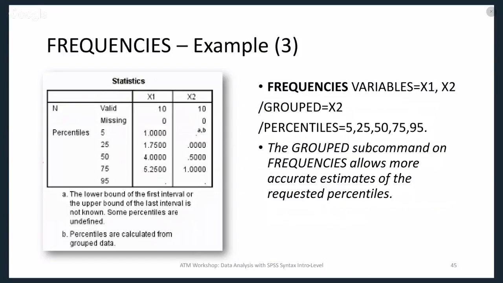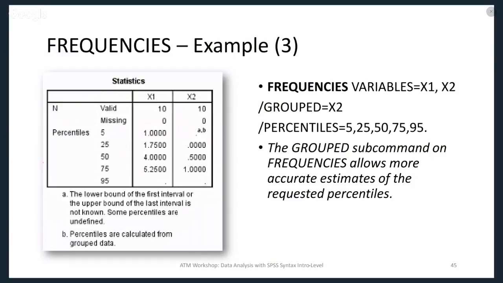Again, on the right-hand side I wrote 5, 25, 50, 75, 95, which are below percentages. I'm asking for the percentile score given the below percentage.